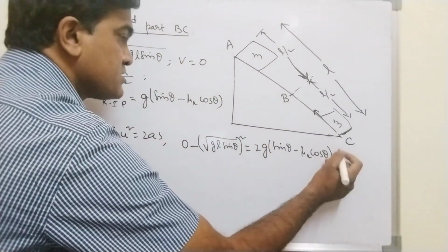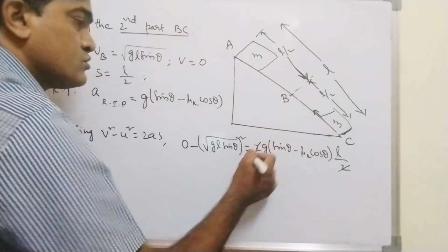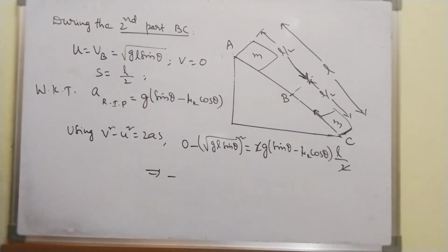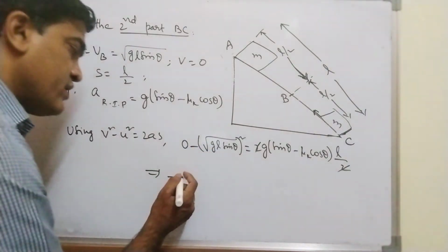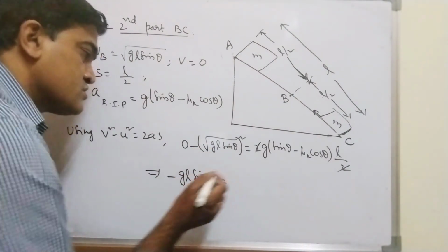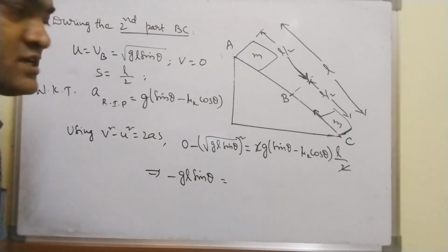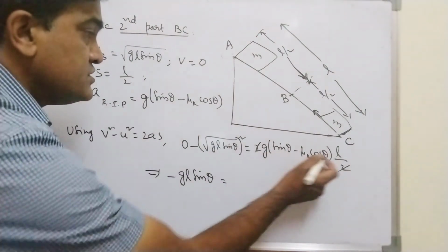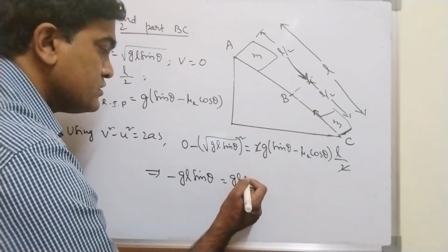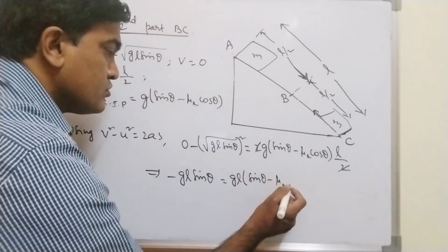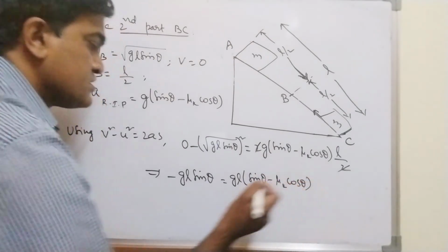In place of s I write L by 2. So 2 gets cancelled. If you square this, I will get minus gL sin theta, and the square root and square get cancelled, is equal to what is remaining? gL into sin theta minus mu k cos theta.